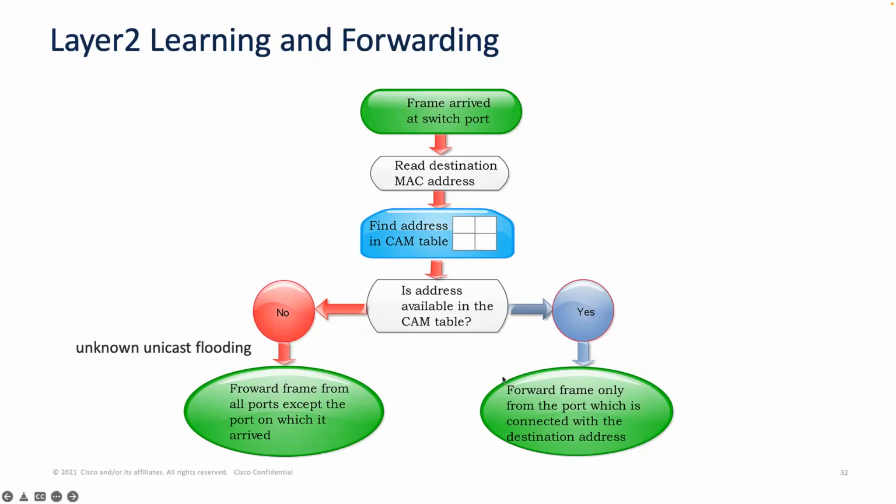One more thing we need to take care of is that broadcast frames are flooded as expected. Multicast frames are also flooded unless the IGMP snooping feature is enabled on the switch. That's about layer 2 forwarding.